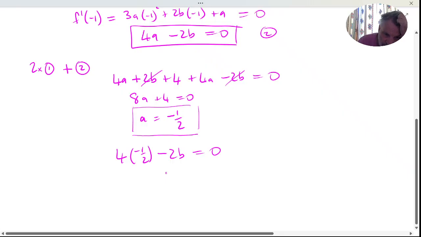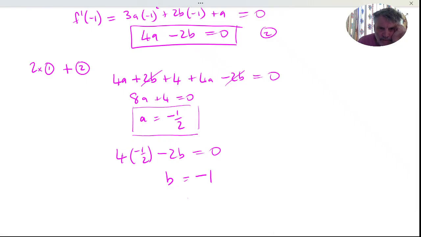Now the b can go on the other side. B is going to be 2 times negative 1/2, which is equal to negative 1. Minus 2 minus minus 2, it's going to be 0, that's right.